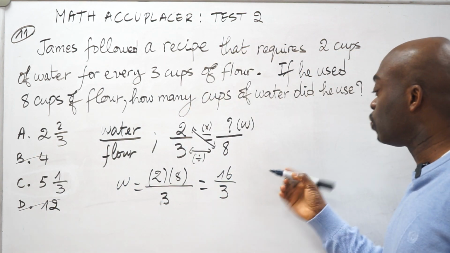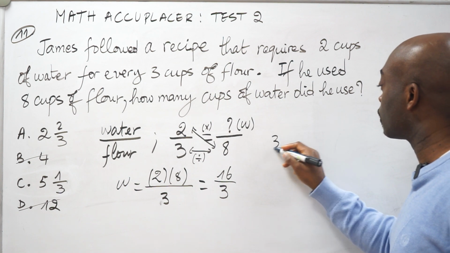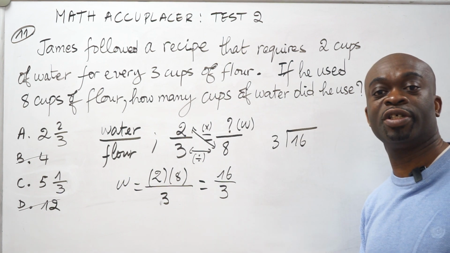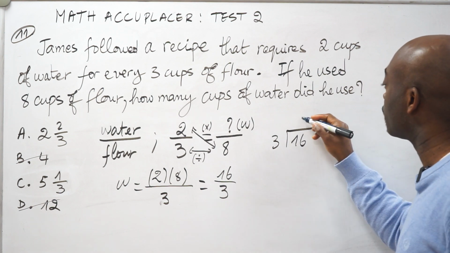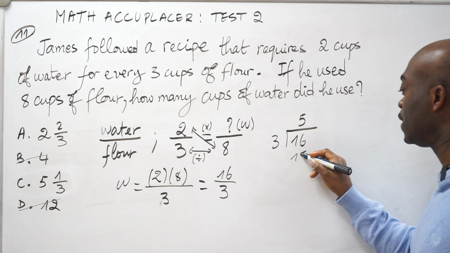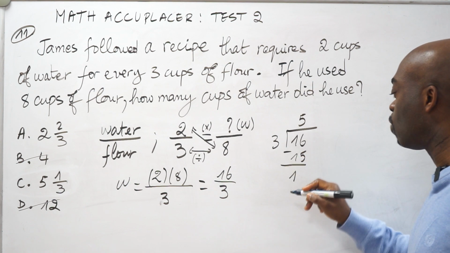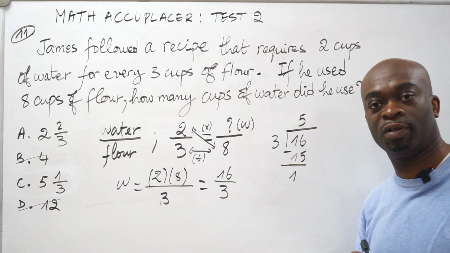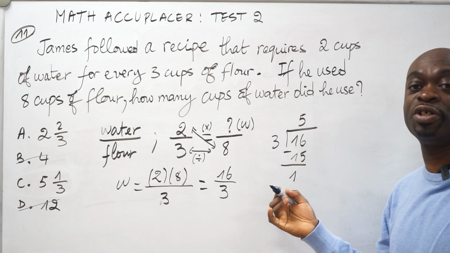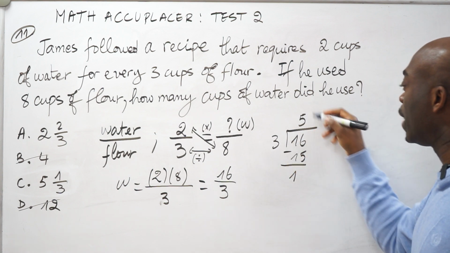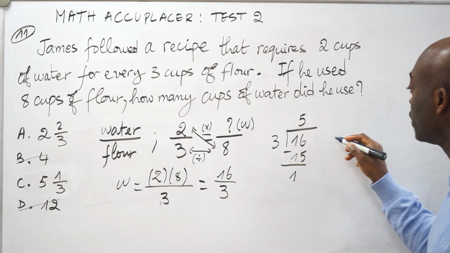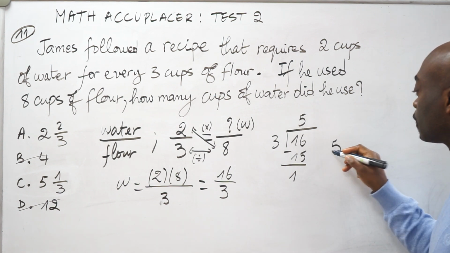So that means we're going to do 3 going into 16. How many times does 3 go into 16? 5 times. So it's 5 times 3, which is going to give us 15. So you subtract, you get 1 left as the remainder. Okay? So now we're going to have to rewrite this into a mixed number. And always, when you do that, your whole number is going to be the first number that you put down.